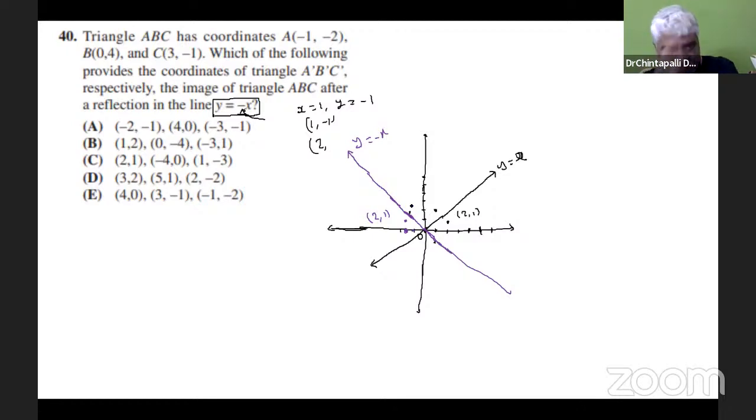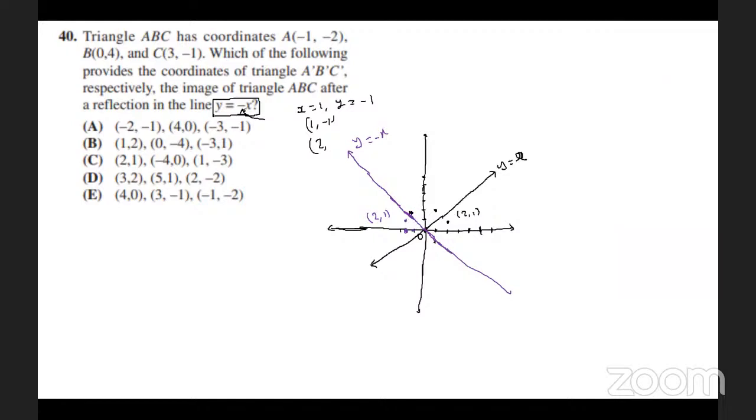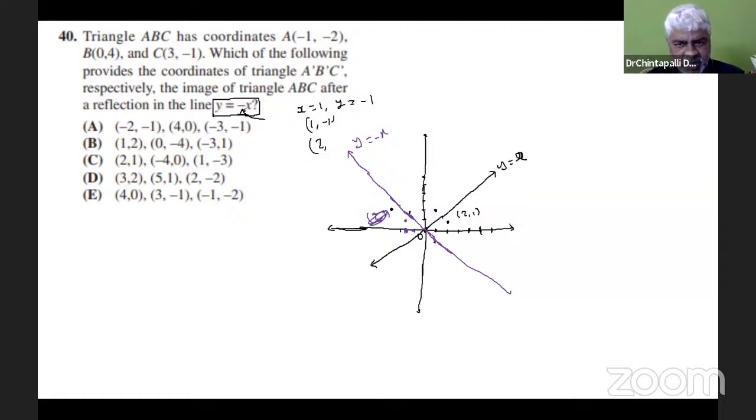Are you sure? This line is confusing, so I am clearing the black. Yeah, this is 2, 1. Please tell what the image of 2, 1 is.